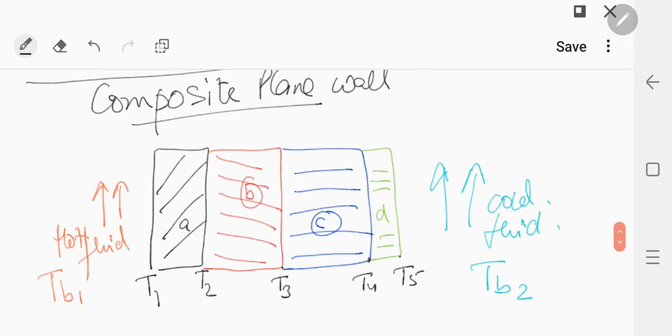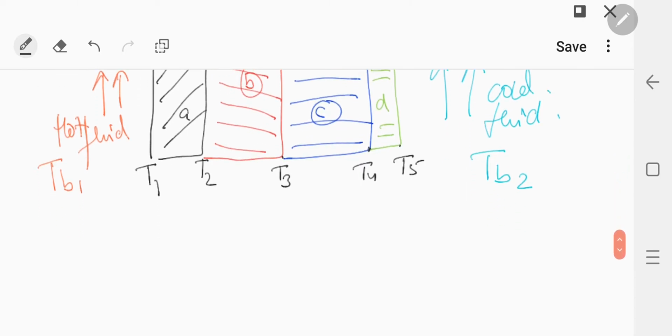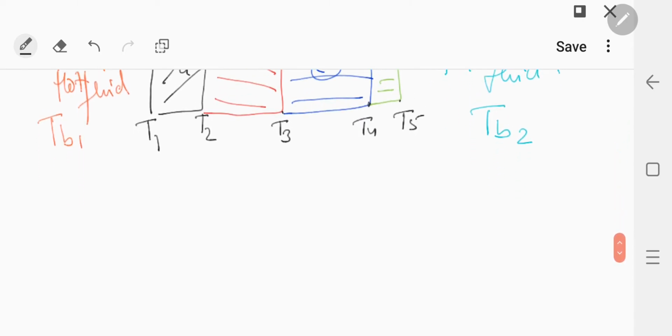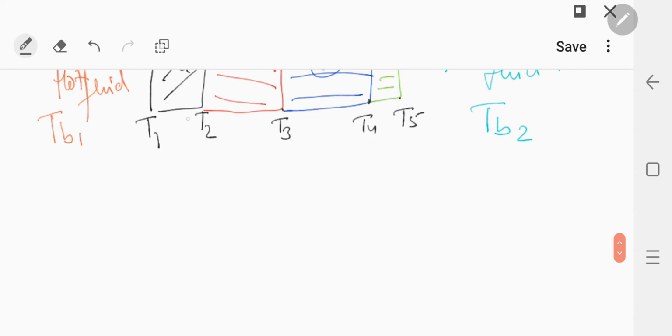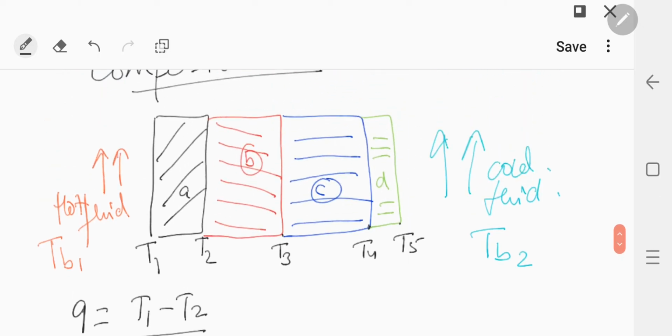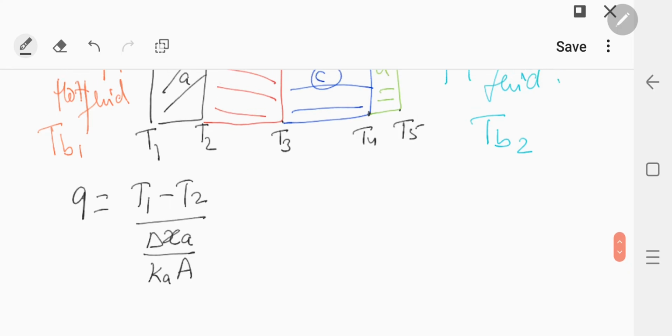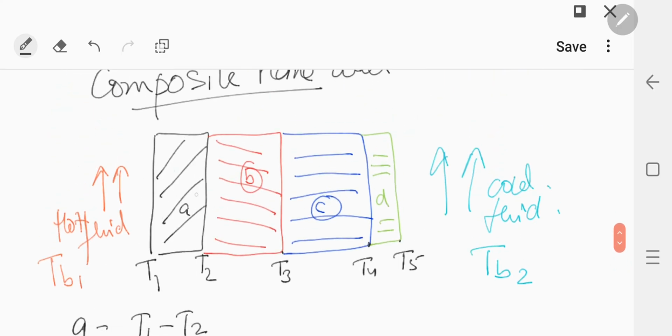Now according to heat conduction under steady state conditions, the heat through the first system, that is through A, is nothing but Q equals T1 minus T2 over delta X A over Ka capital A. Now capital A is the surface area, Ka is the thermal conductivity of wall A, and delta X is this distance, delta XA.